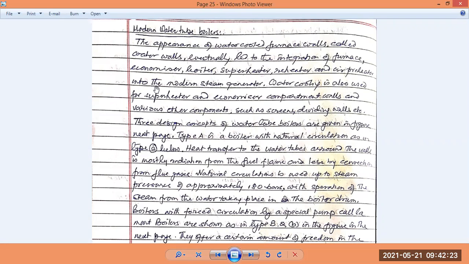The water cooling is also required because their heat should not be wasted to the surroundings, and they should be properly insulated by water cooling so that it can convert almost 90 to 99 percent of its heat. Also other screens, other components like steel screen, dividing wall, etc. Three design considerations for water tube boilers are given in the next page figure. Type A is a boiler with natural convection.